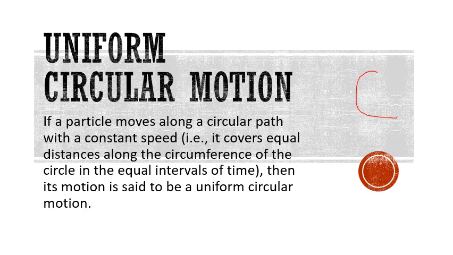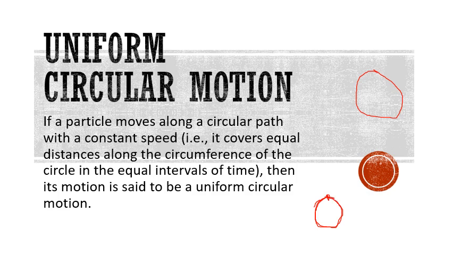Suppose this is a circle. Okay, let me draw a better circle. Fine. So suppose you have a particle at this point. If this particle covers equal distance in equal interval of time, suppose it covers this one in some time, again in the same time it covers equal distance, and so on.